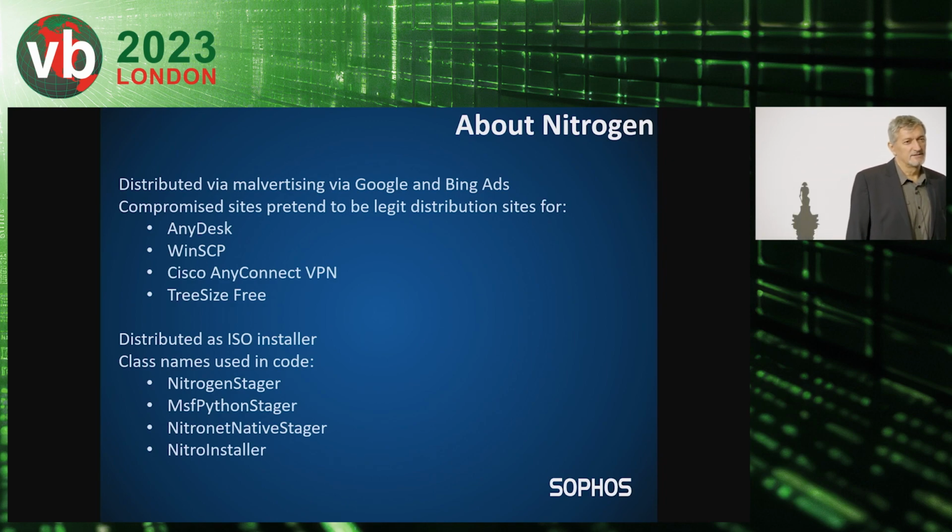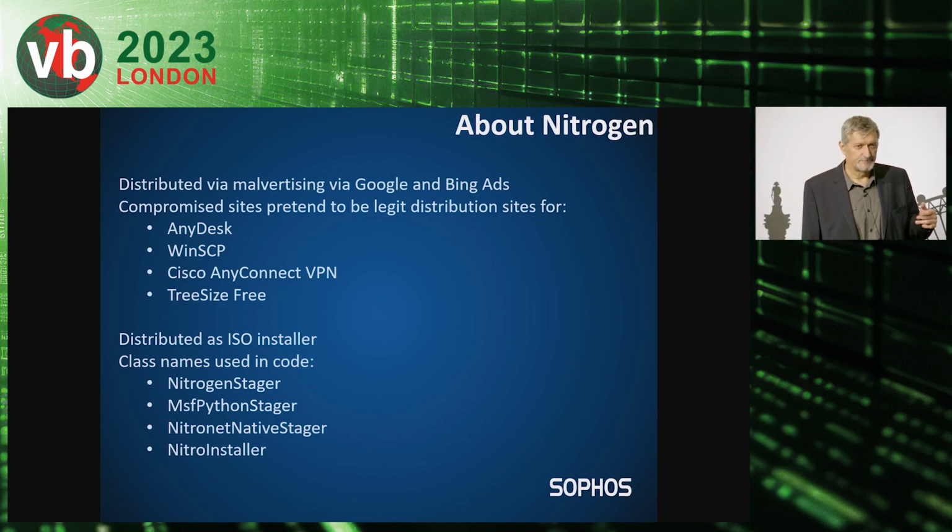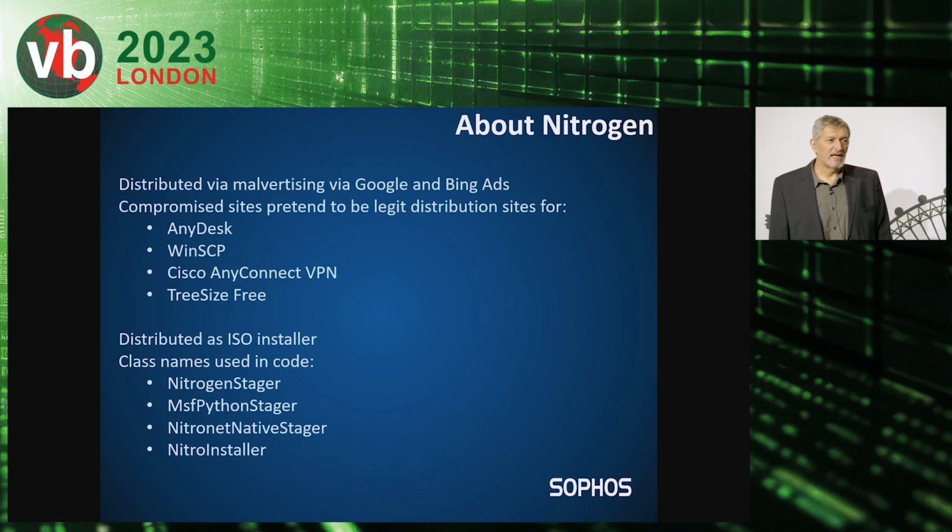So we think that these were not targeting only Chinese-speaking people, but they were targeting IT professionals, hopefully working for organizations, trying to get initial access to those organizations. And these sites delivered an ISO installer, and the final payload had class names like Nitrogen Stager, Nitro Installer, and so on. This is why we came up with the name Nitrogen for these campaigns.